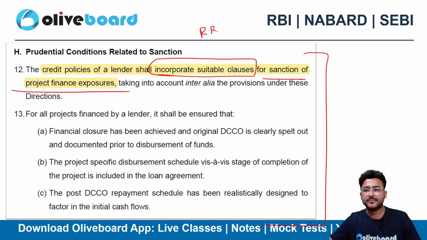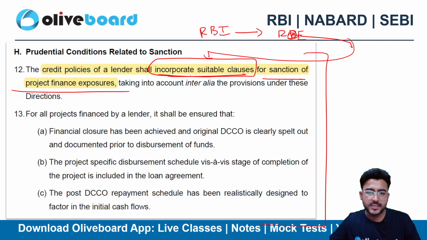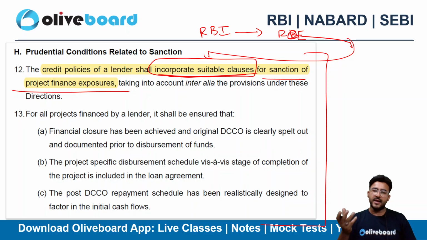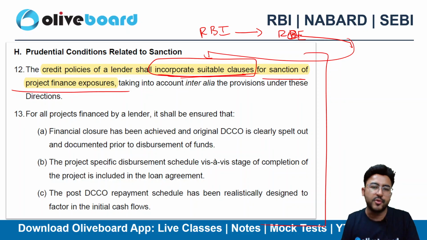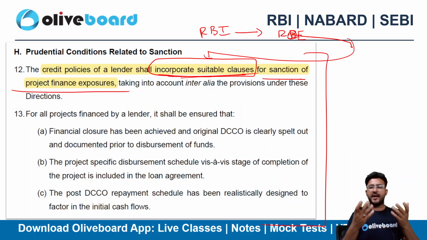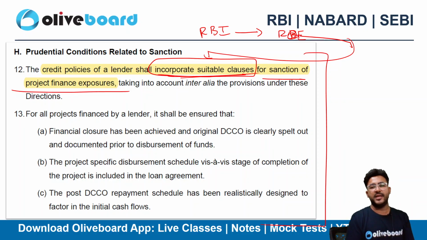RBI here is asking the regulated entities like banks and NBFCs to please incorporate suitable clauses. ऐसा नहीं कि आपसे कोई भी हाईवे बनाने वाला, कंस्ट्रक्शन करने वाला आके कुछ भी ले जा रहा है, right? In terms of money, you need to have suitable clauses incorporated in the policy, right? Have a policy. So this is the direction of RBI. So definitely they are directing the regulated entities कि भाई कुछ policy बनाओ, right?